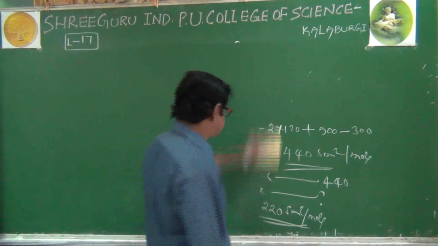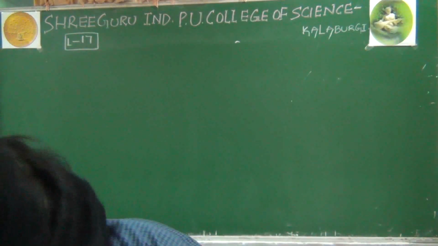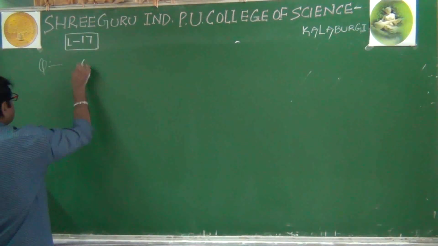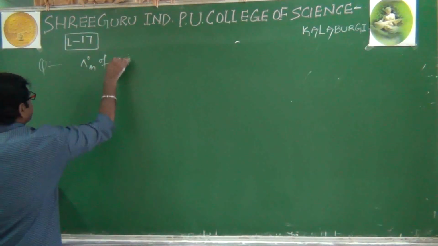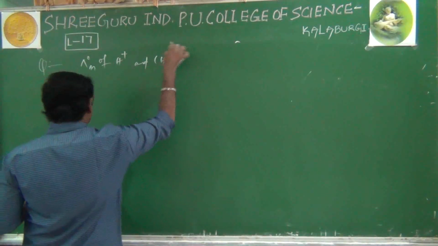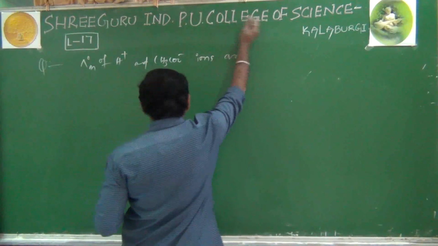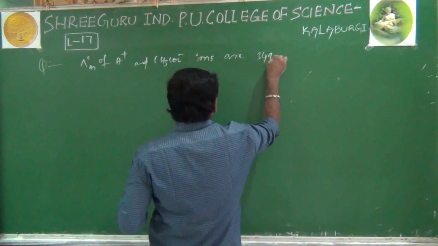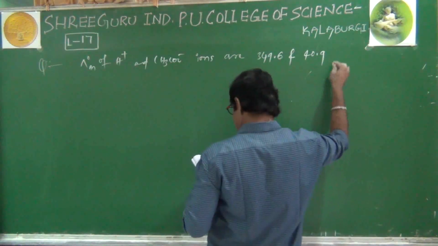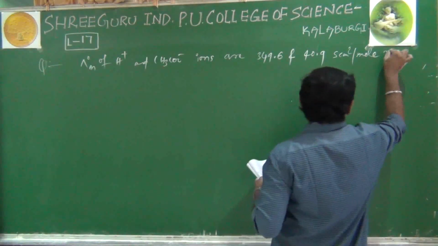Next, we'll see another question. Lambda m naught of H plus and CH3COO minus ions are 349.6 and 40.9 Siemens centimeter square per mole respectively.